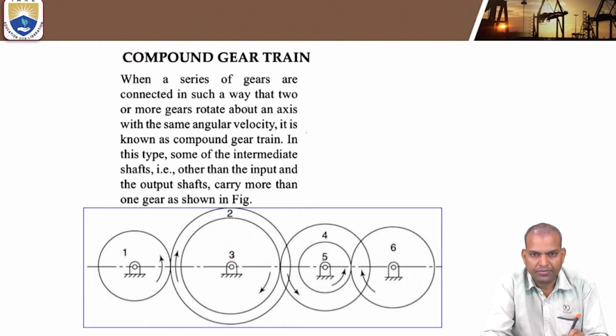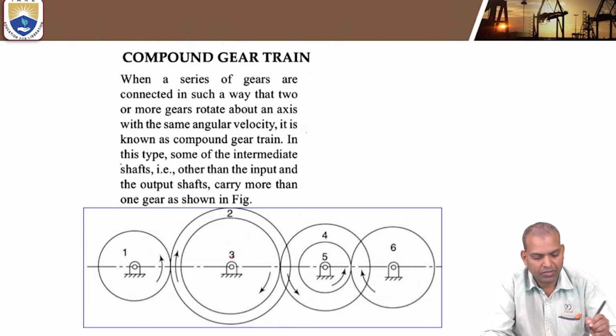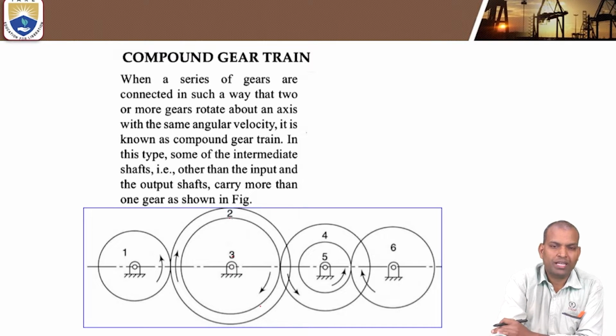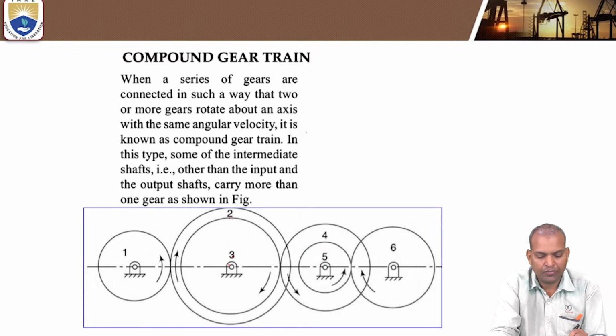And 4 and 5 are also the same. They are fixed on the same shaft. One more thing is that in this type, some of the intermediate shafts, other than the input and output shafts, carry more than one gear. The intermediate shafts are here: 2 and 3, and 4 and 5.